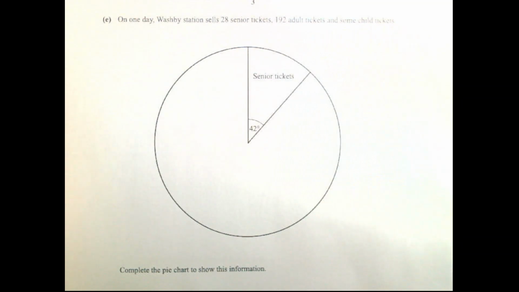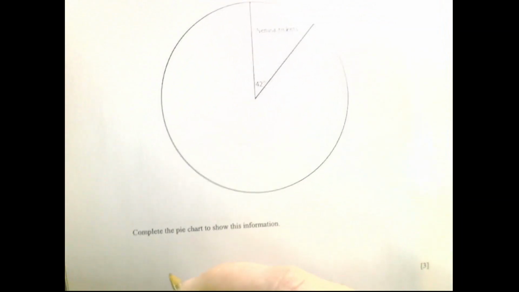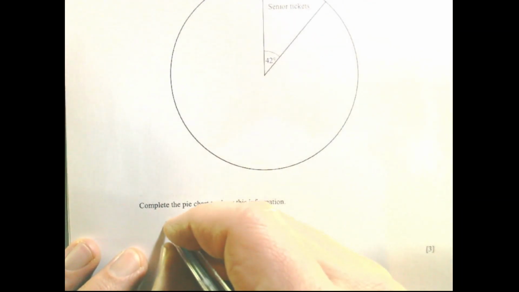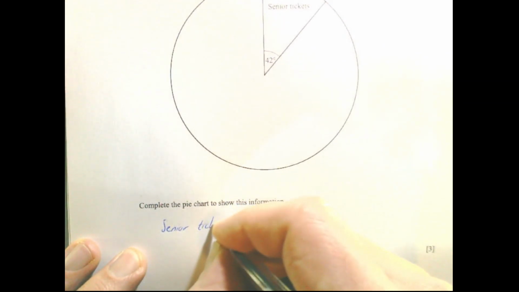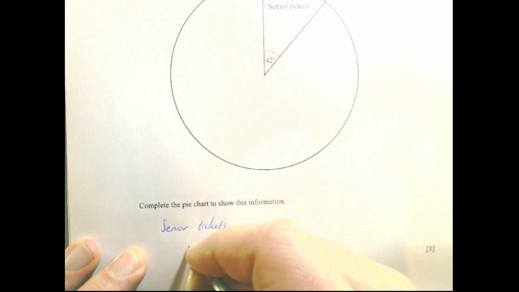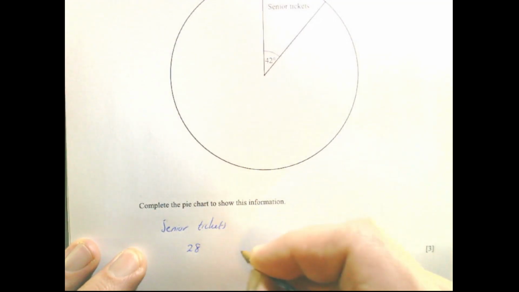We don't know how many tickets they sold in total. What we do know is that we got senior tickets. Let's write this down. Senior tickets. There's 28 of them. And what we also know is that they got 42 degrees on the pie chart.